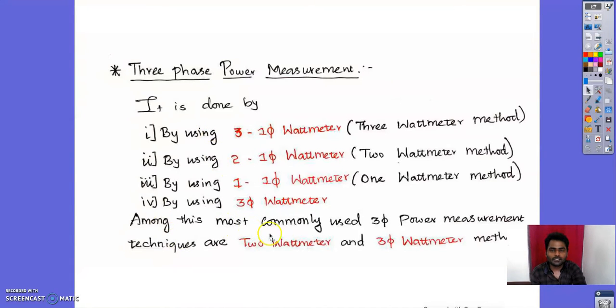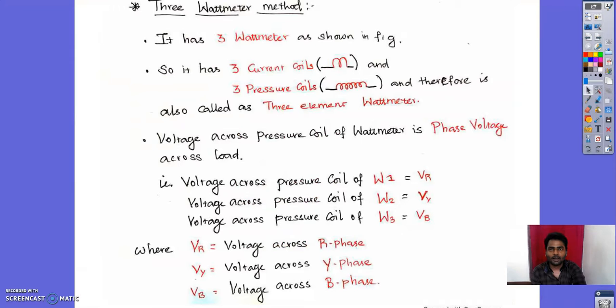Among these, the most commonly used 3-phase power measurement techniques are the 2-wattmeter method and the 3-wattmeter method, based upon the advantages of those wattmeters. Coming to the 3-wattmeter method, there will be 3 wattmeters in all 3 phases, as shown in the figure in the next slide.